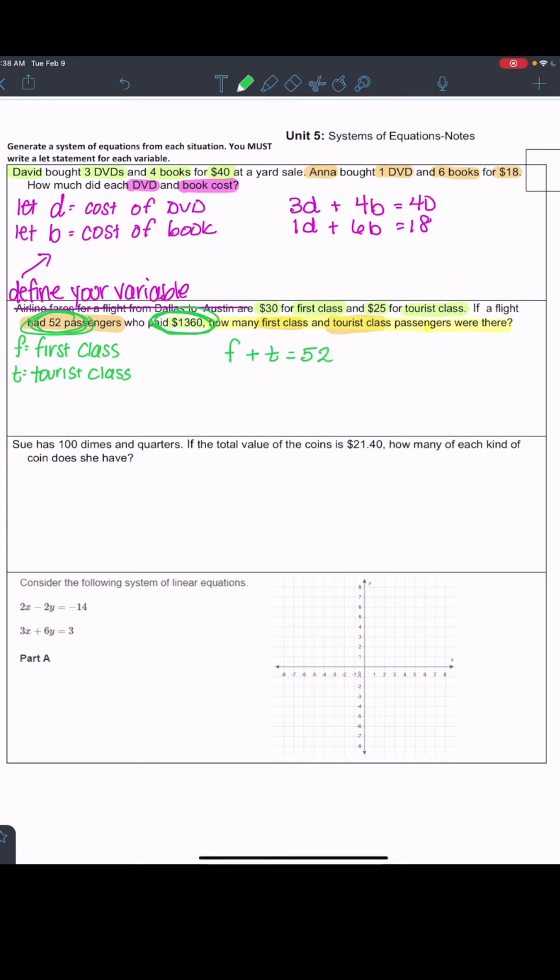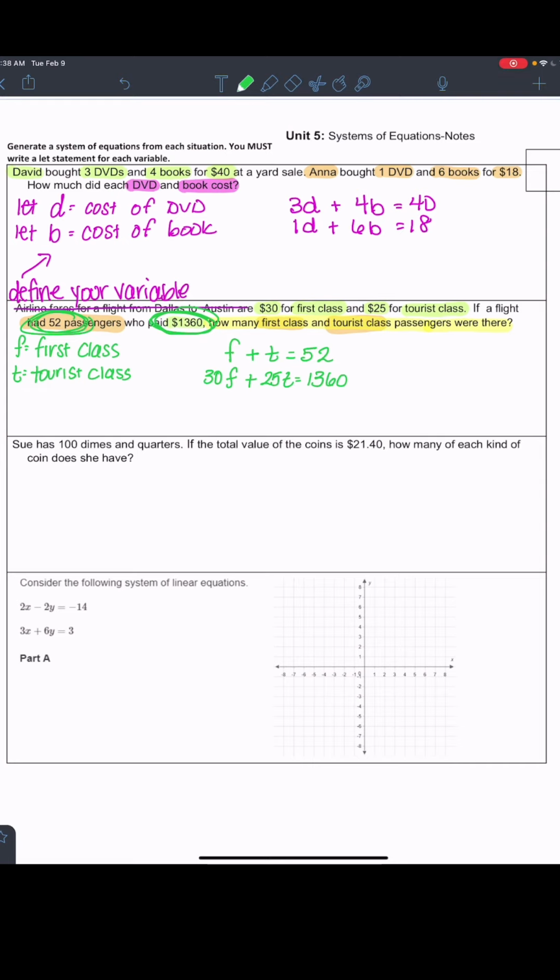Notice how I'm writing my T as my variable. There's a little curve to it. Then I go back. Well, it was $30 for first class, $25 for tourist class, and that totaled $1,360. The more you do of these, the more you're going to see the setup. And the setup is really never going to change.